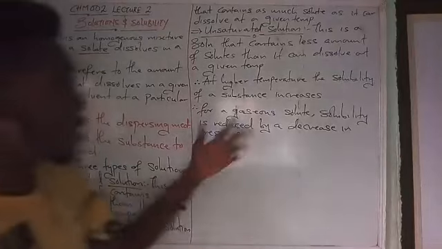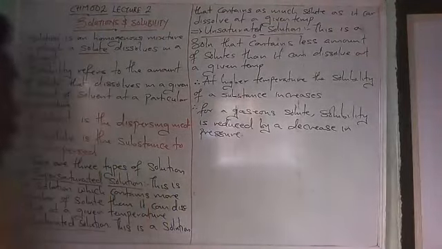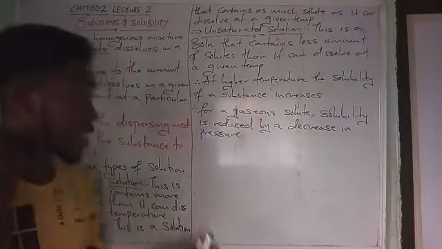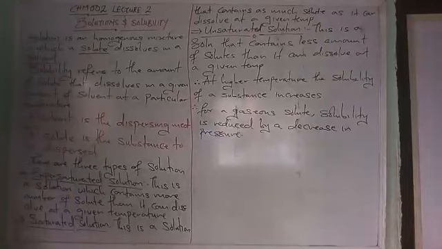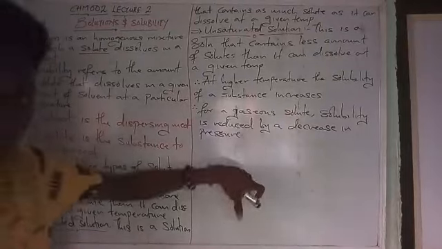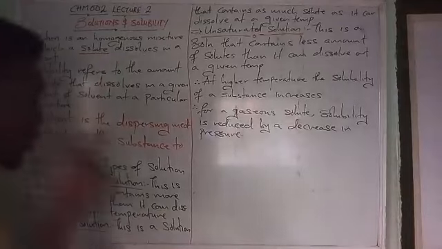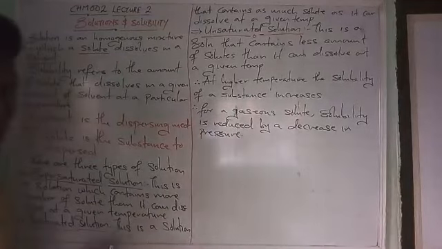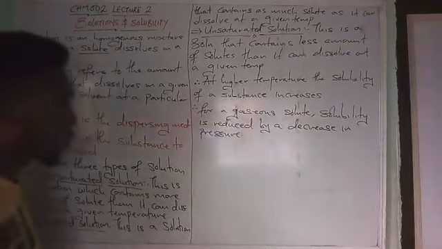We'll explain more of this when we're talking about Henry's law, because Henry's law is what explains these gaseous solubility processes. But I don't want to go into that immediately right now because I want to talk about phase diagrams. Phase diagrams, very important. You said in your syllabus, we're told to talk about phase diagrams.